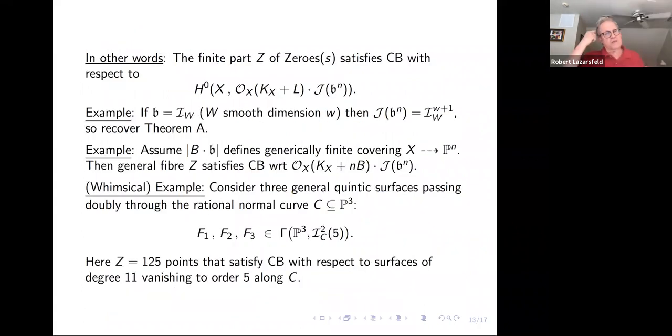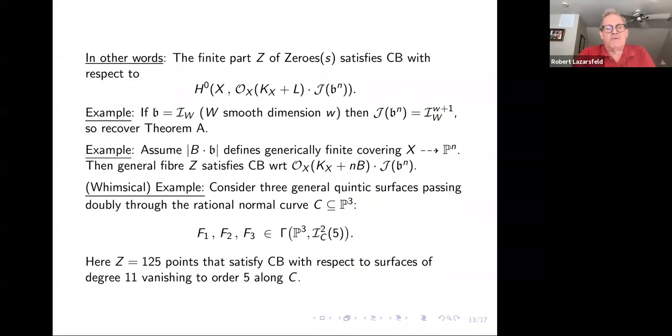So in other words, we're saying that the finite part Z satisfies Cayley-Bacharach with respect to this sublinear series of K_X plus L. So in the sublinear series, I look at all sections of K_X plus L vanishing as they're required to vanish by this multiplier ideal of B to the n. Okay, and so that's the theorem, the version of Cayley-Bacharach with multiplier ideals.